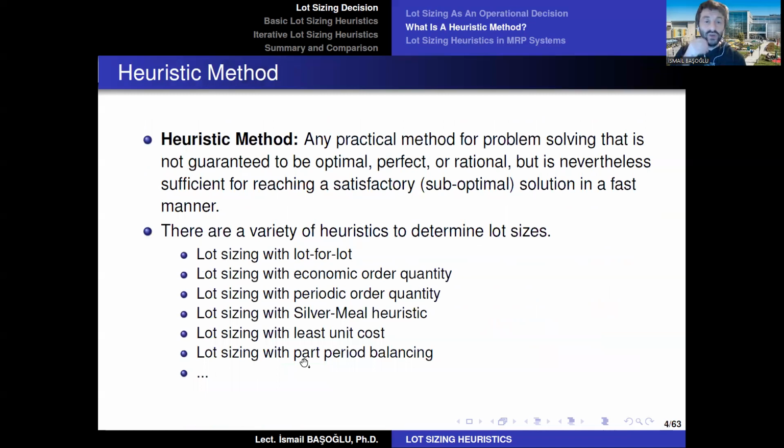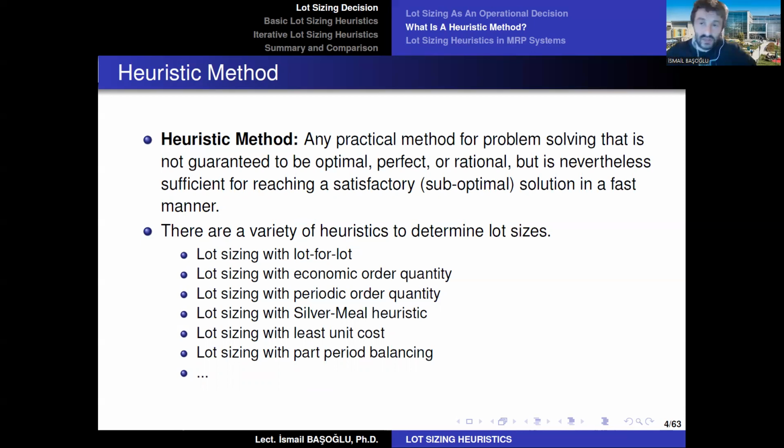Now, what is a heuristic method? A heuristic method is any practical method for problem solving that is not guaranteed to be optimal, perfect, or rational, but is nevertheless sufficient for reaching a satisfactory solution in a fast manner. By satisfactory we mean a suboptimal solution.